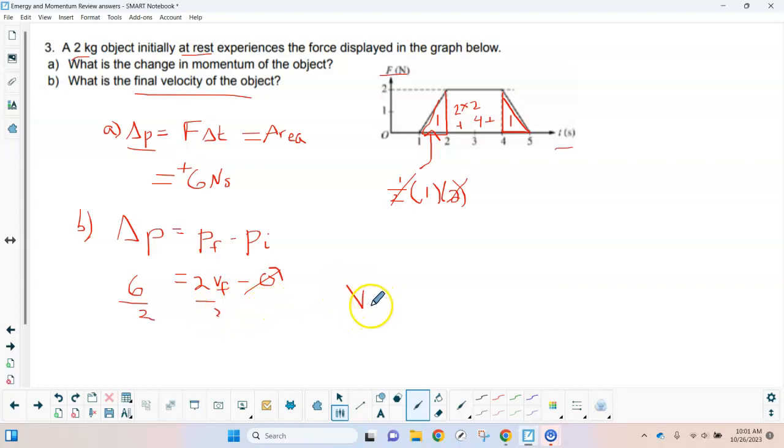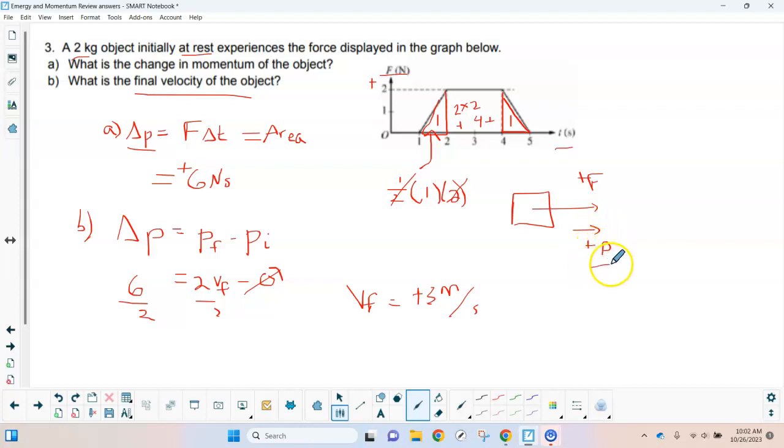VF turns out to be a positive number, and that makes sense because if it's not moving and it has a positive change in momentum, that's going to be a positive value. So it ends up going to the right at 3 meters per second. The force is also directed to the right, so the force is positive. So if you imagine you had some object, this box, and we started pushing on it to the right with a positive force for some period of time, it's going to gain a positive momentum.